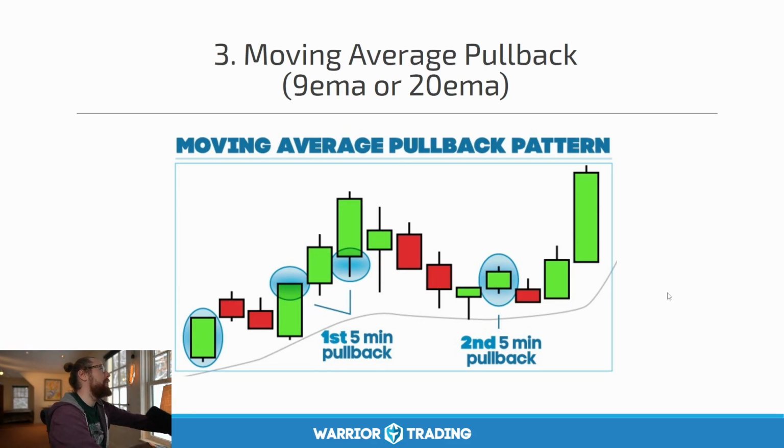But to identify this as its own setup, the moving average pullback or the VWAP pullback typically happens when it's sold off quite a bit more than what would be typical for a good bull flag and is now resting on that moving average. As you can see from this little chart, this was a bull flag right here, right off the 9 moving average.